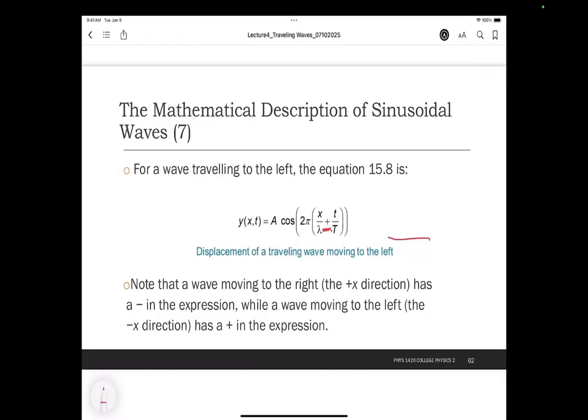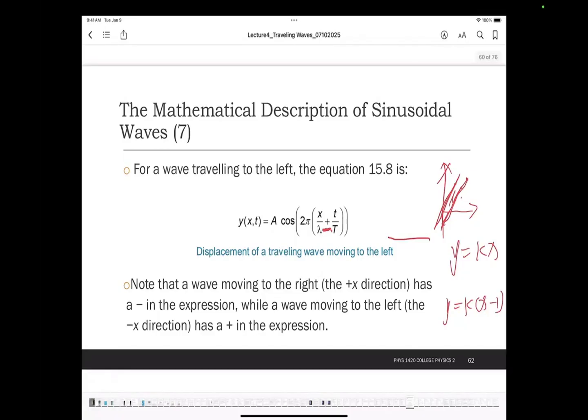For example, if you have y(x, t), it's just like this line. And if you take y(x minus 1), it will move to the right. Does it make sense to you? It's a similar thing.